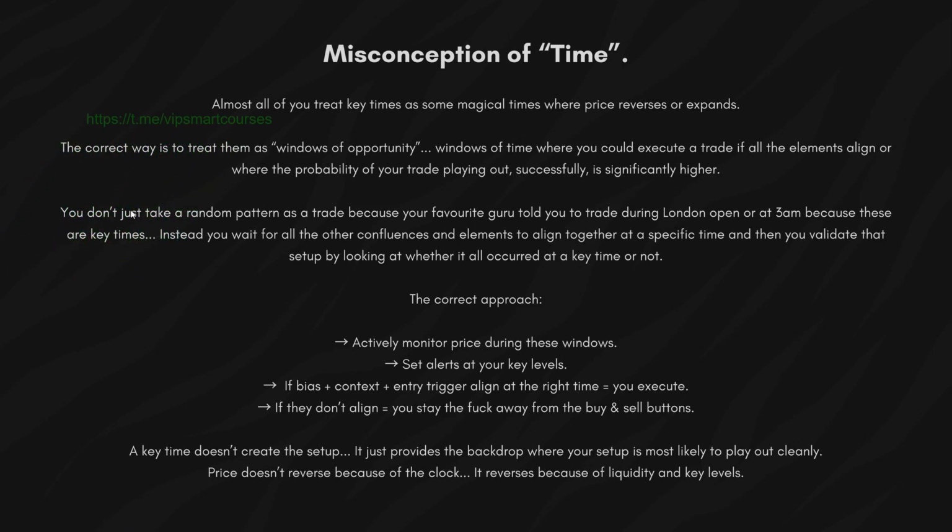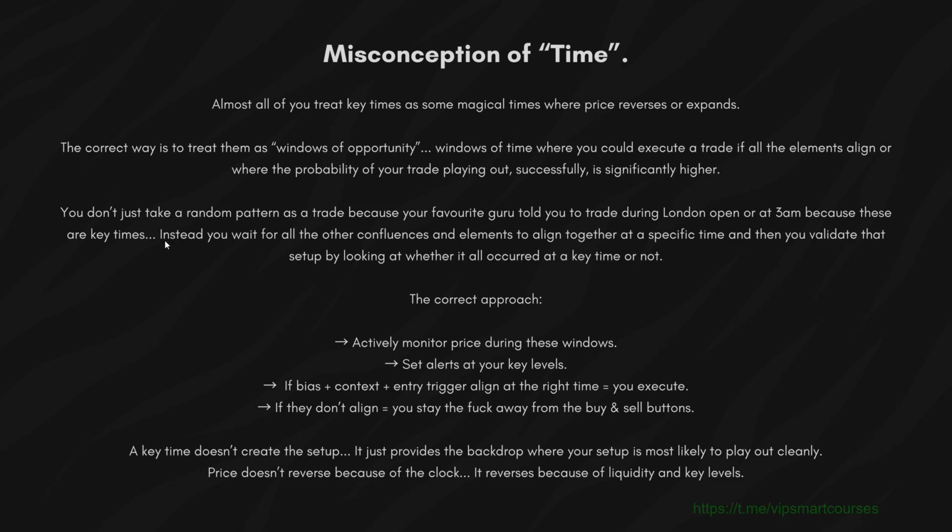Okay, you don't just take a random pattern or a random setup as a trade because it formed at the London Open or during the 3 a.m. key time, and think that because these are key times, that setup is just supposed to play out regardless of what the directional bias is, or regardless of the presence of a market context on the intermediate time frame.